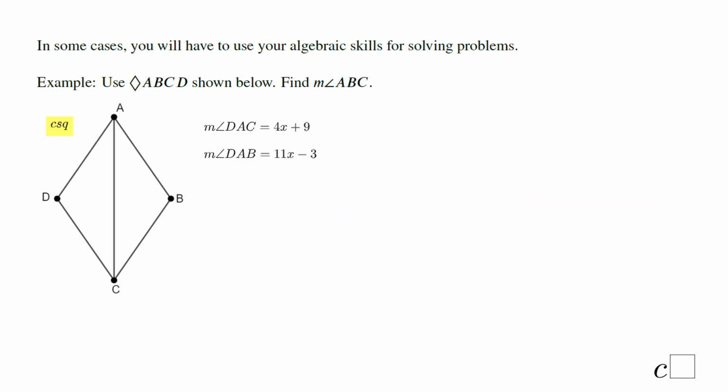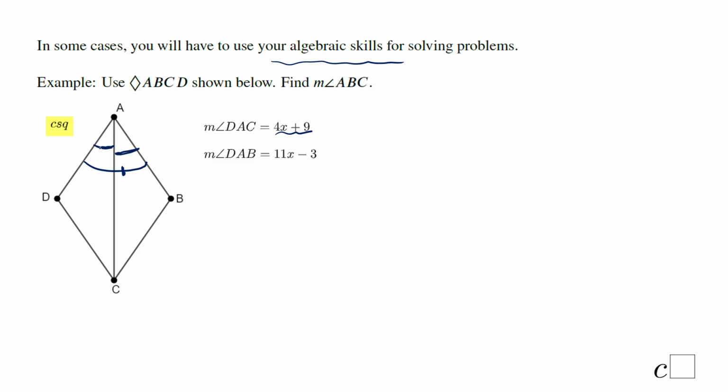In some cases, you have to use your algebraic skills for solving problems. Like in this case, the measure of angle DAC, this one here, is 4x plus 9. And the measure of angle DAB, this big angle, I'm going to mark it differently, is 11x minus 3. What is the relationship between these two angles? First of all, I'm going to mark this angle here the same as this one.